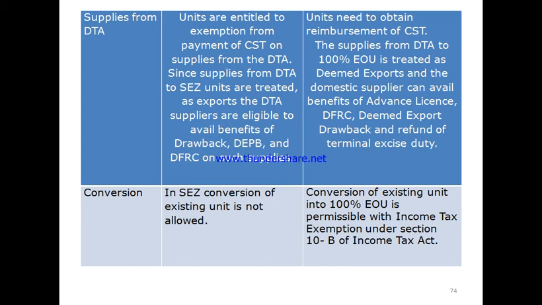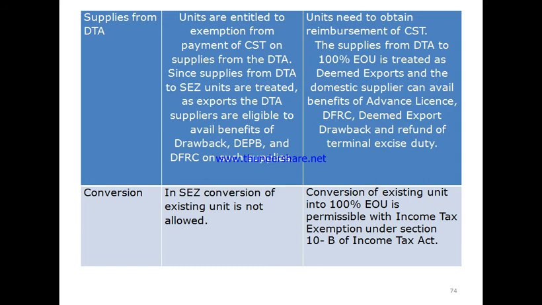In SEZ, the establishment is not required to pay any tax, but EOU has to pay a tax which can be claimed as a refund later on.